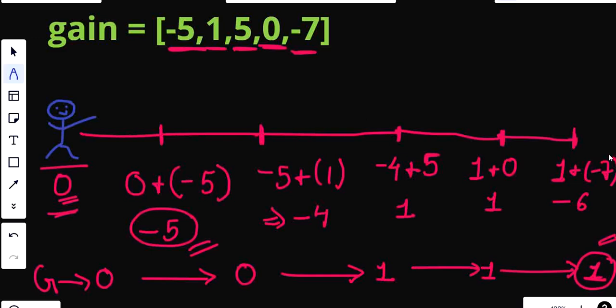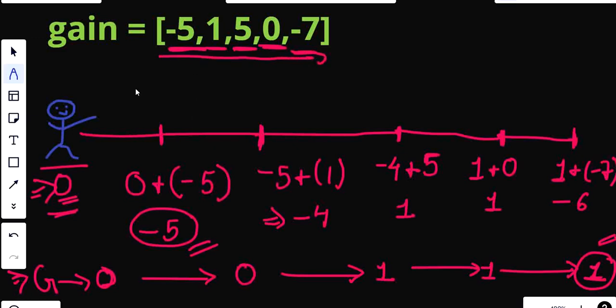So this is how we can solve this question. There are a few things that we can clearly see via this example. Firstly, we are maintaining two variables, that is the current altitude and the greatest altitude. The greatest altitude is only going to get updated when the value of the current altitude is greater than the existing greatest altitude, right? And the current altitude is nothing but a running prefix sum that we are maintaining while we are traversing the gain array.